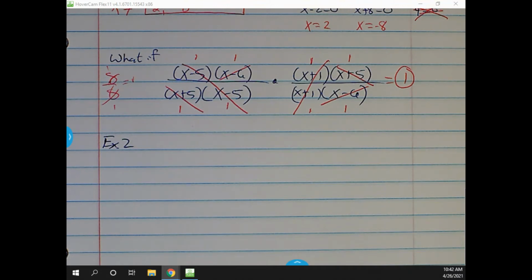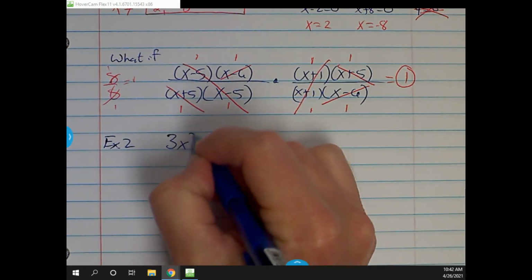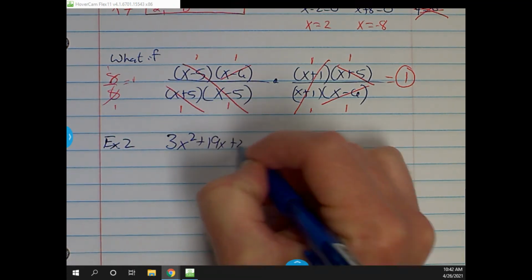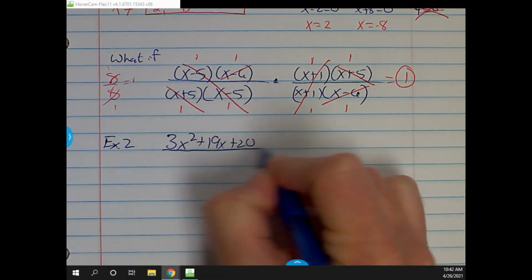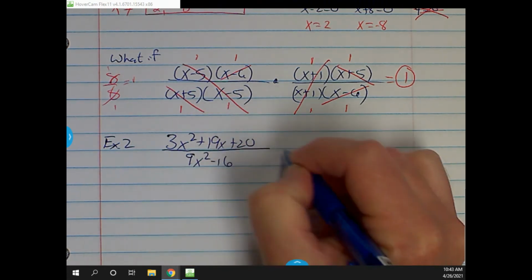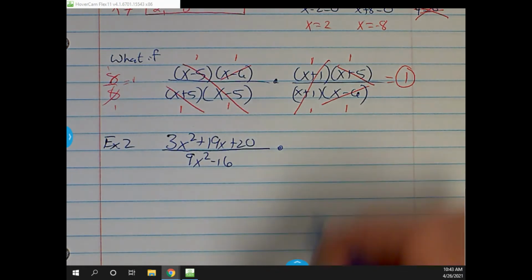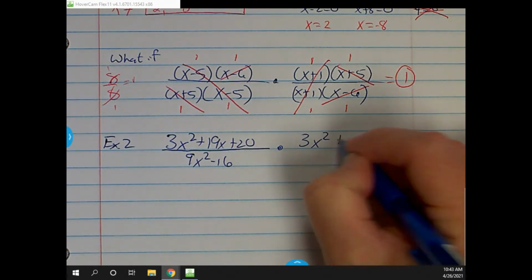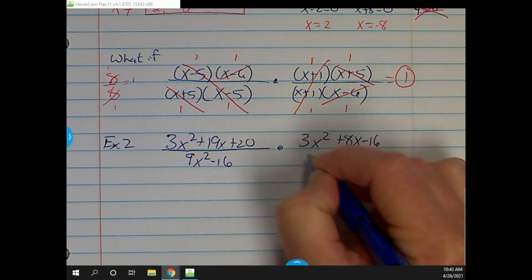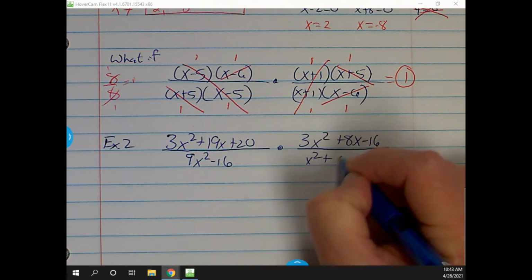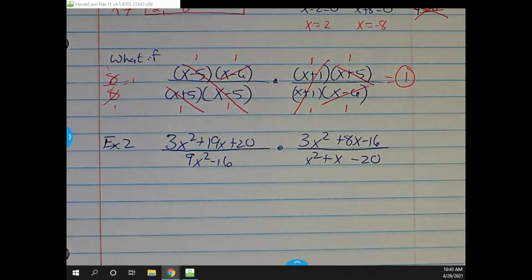All right, so for this one, I'll give you one big one here that's got a lot of factoring with it. Let's go 3x squared plus 19x plus 20, over 9x squared minus 16, times 3x squared plus 8x minus 16, over x squared plus x minus 20.